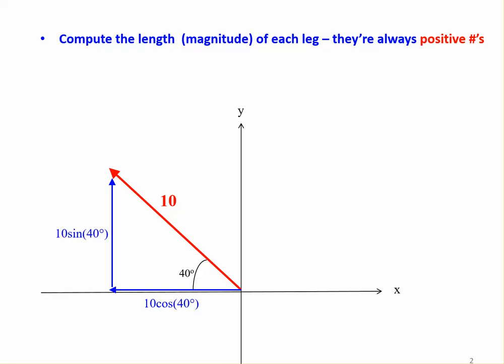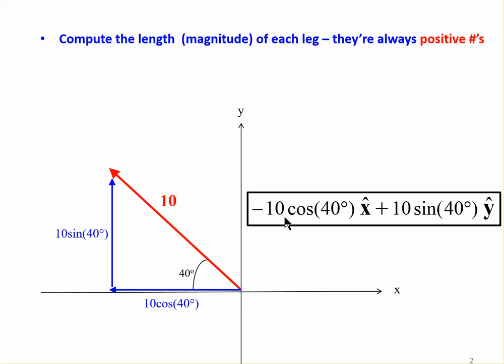Now, once you've done that, we're ready to break up this vector into its components. So this vector here is composed of this vector plus this one. So what we do is we go this way for 10 cosine theta, and we're walking in the negative x direction. That's what this minus sign is doing here.